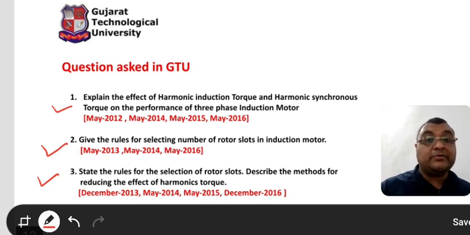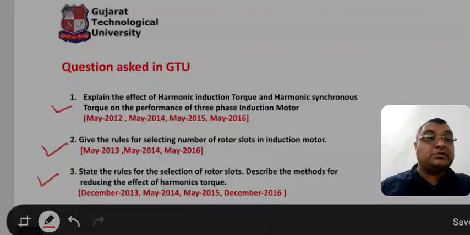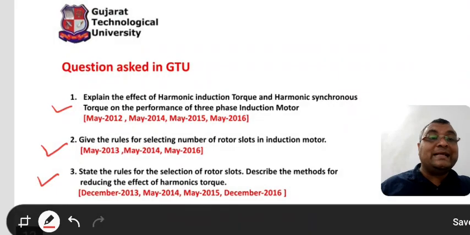Similarly, in the third question, you can see it says state the rules for the selection of rotor slots, and then they ask you to describe the methods for reducing the effect of harmonic torque. So sometimes the question may be twisted, but you have to keep in mind that the concept remains the same. If you understood it clearly, you can easily give the answer even if the question is twisted in the examination.